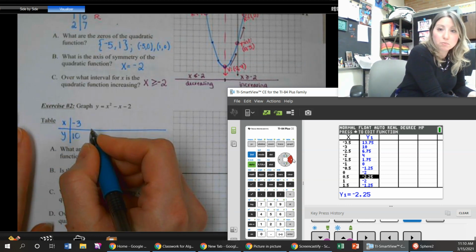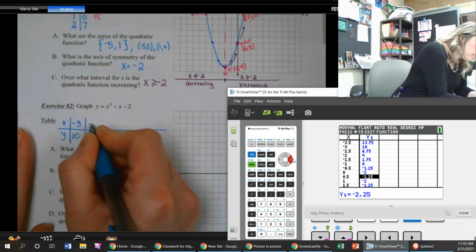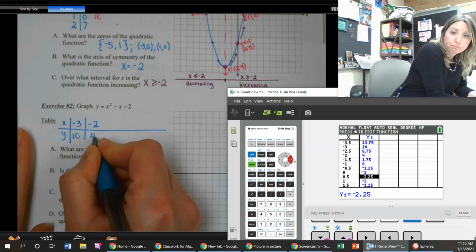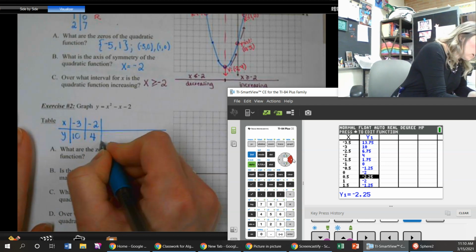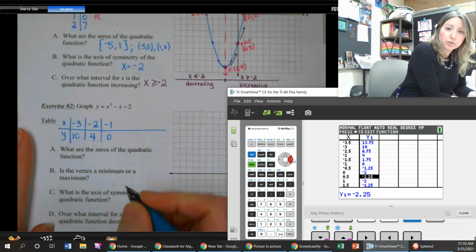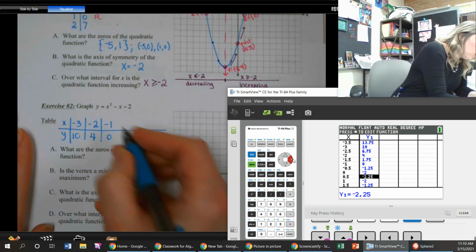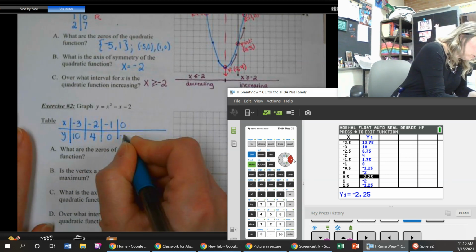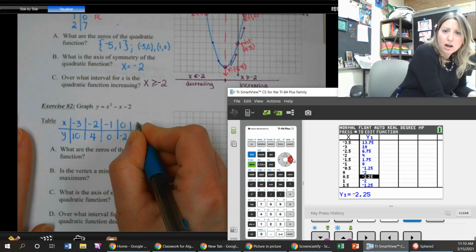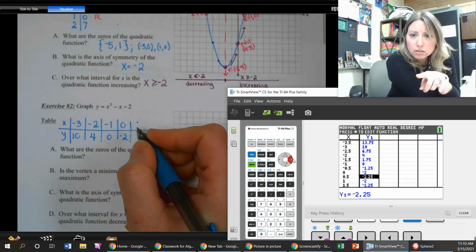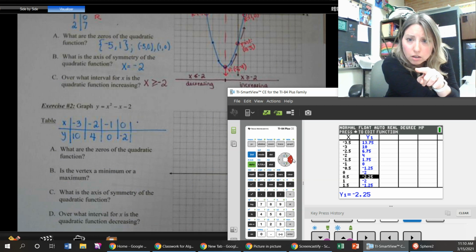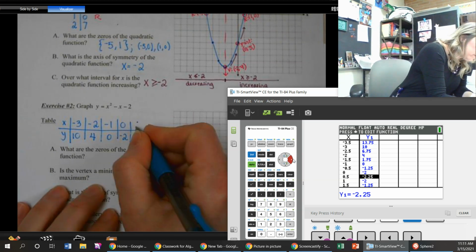Then the next one will be -2, 4. And then the next one is -1, 0. Oh, that's a root. And then we've got 0, -2. Well, that's our y-intercept. And then we've got, this is where our vertex comes in, 0.5, -2.25.